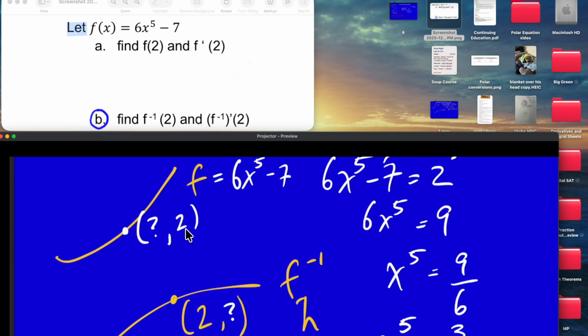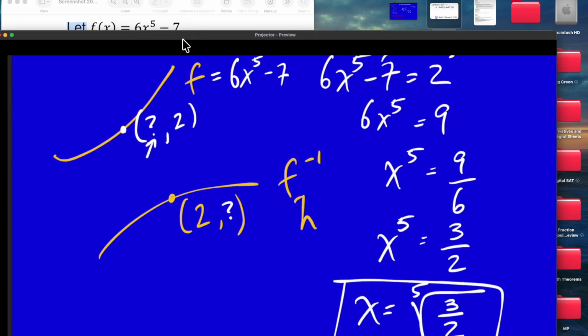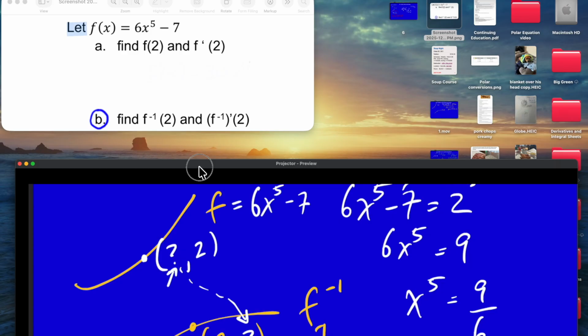Therefore, x equals the 5th root of 3 halves. Folks, that equals our x value right there, the fifth root of 3/2. That's the same thing as plugging 2 into our inverse function, and we get the same result. They are sister points. So this is the answer to the first question.